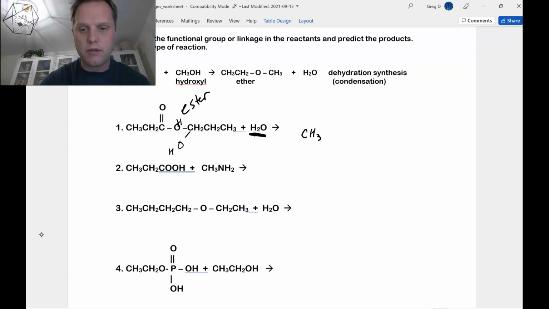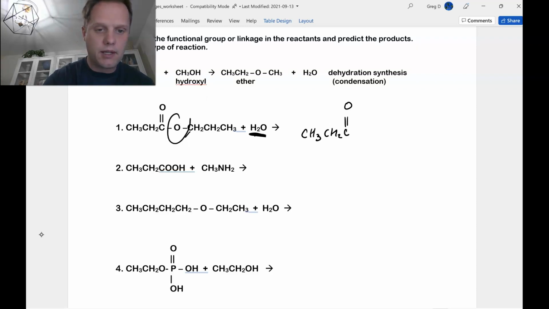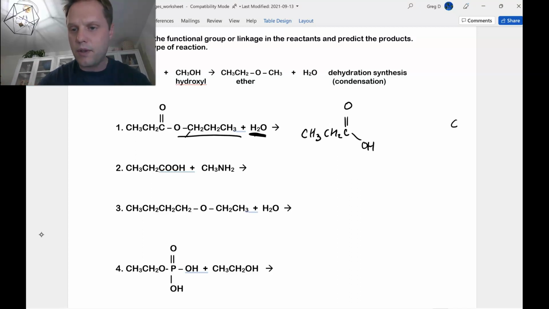So CH3, CH2, C double bonded O. And right here, where this O is, we're going to replace that with an OH, and we have an acid functional group. Then we have 3 carbons with an O attached.